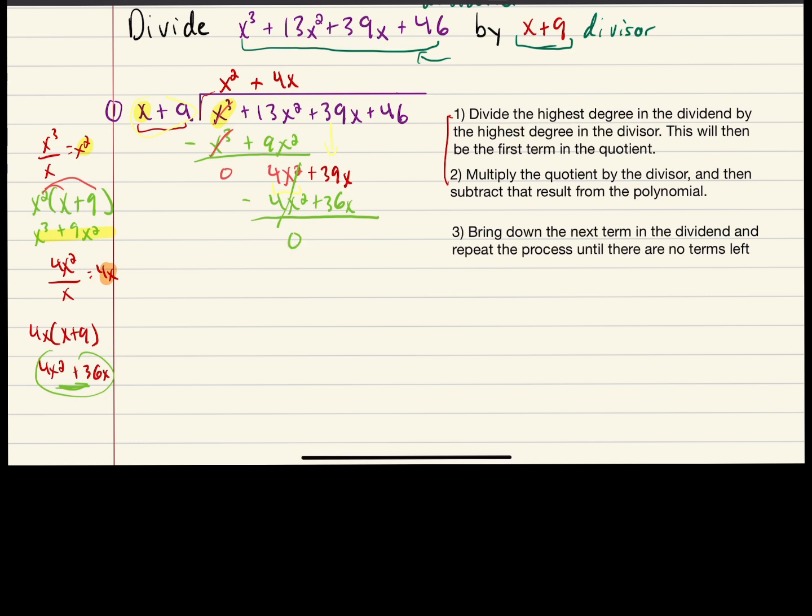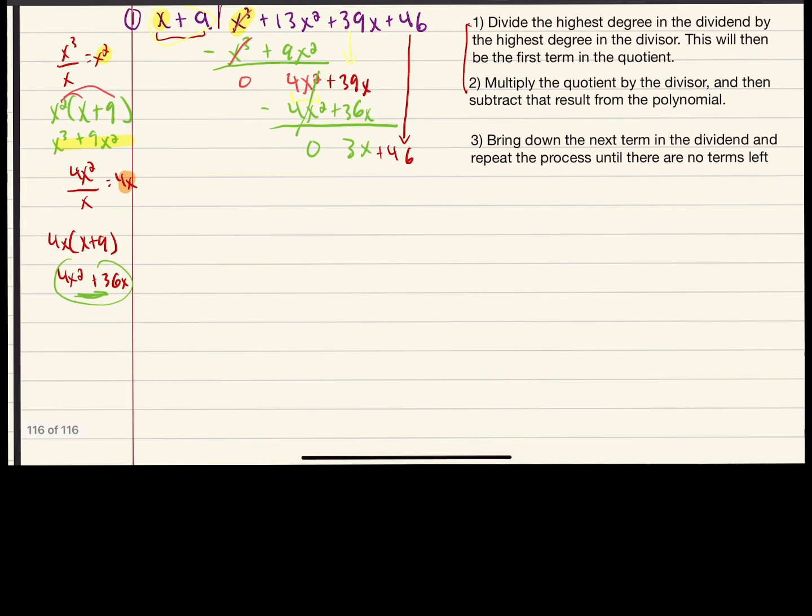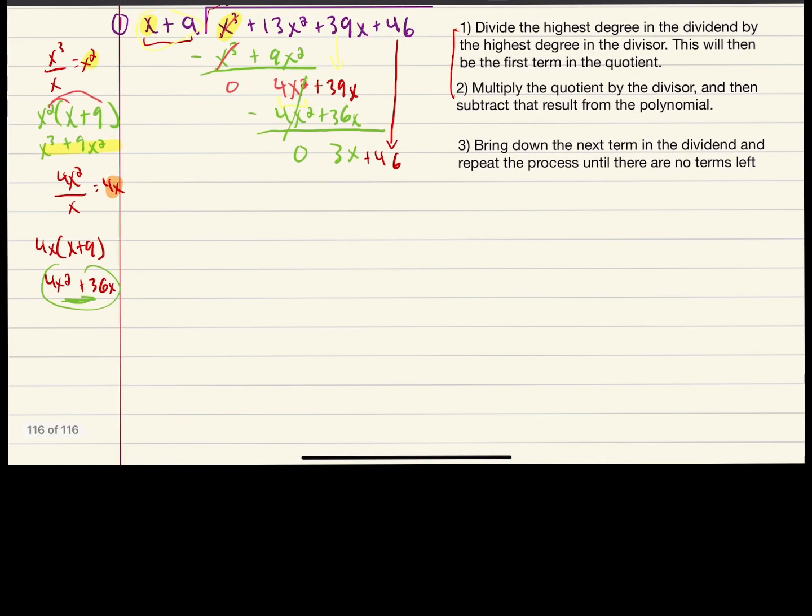We got 0. 39x minus 36x gives us 3x. And then we're going to bring the term that's left over, which is the 46, down, plus 46, and then we're going to repeat the process.